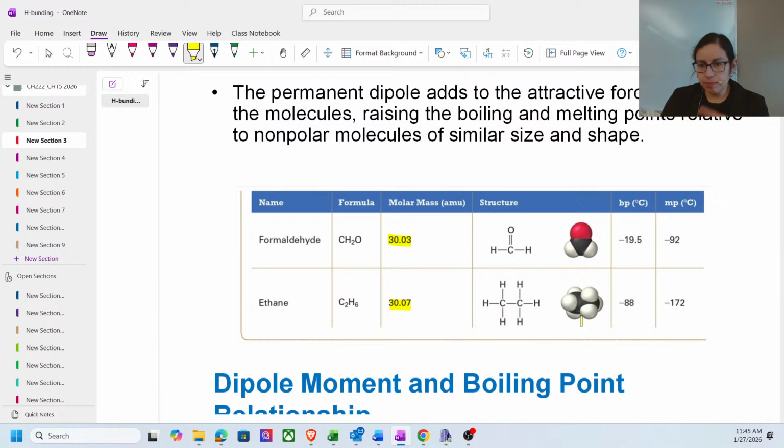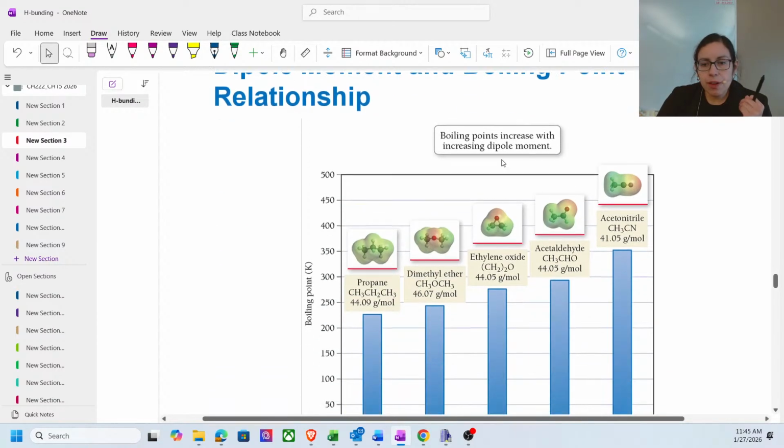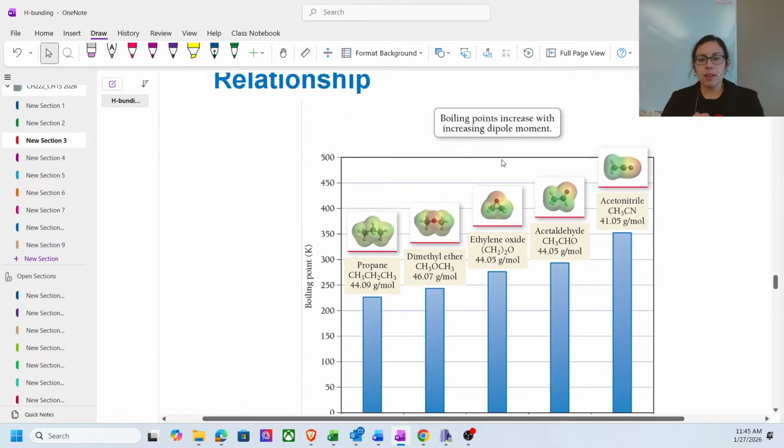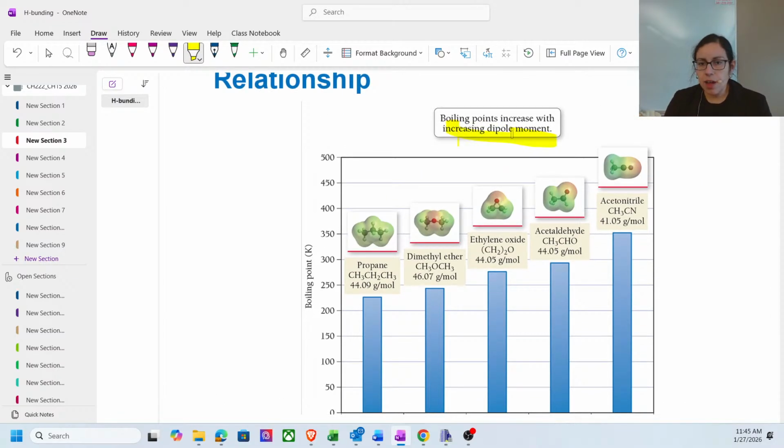So ethane is negative 88 versus negative 19.5. And all that huge difference is caused right from our difference in polarity there. So pretty interesting. And then what we find too is that our boiling points do increase with increasing dipole moments.